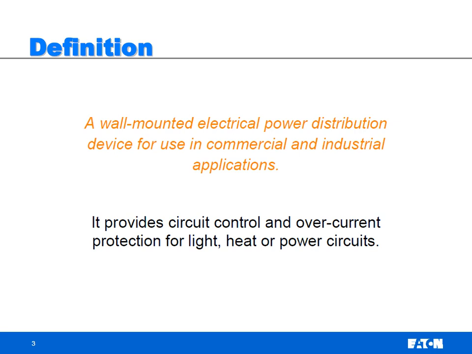A panel board, by definition, is a wall-mounted electrical power distribution device for use in commercial and industrial applications. It provides circuit control, on off, and overcurrent protection, which is overload or short circuit fault, for light, heat, or power circuits.